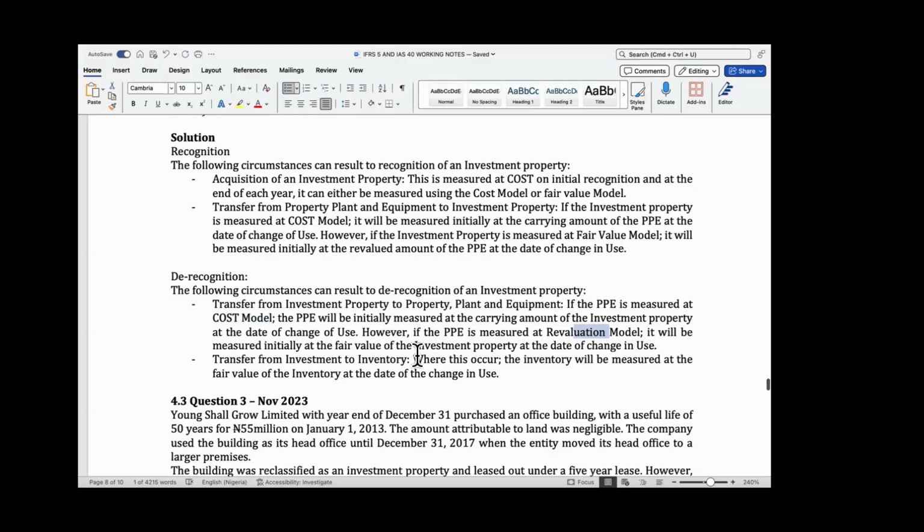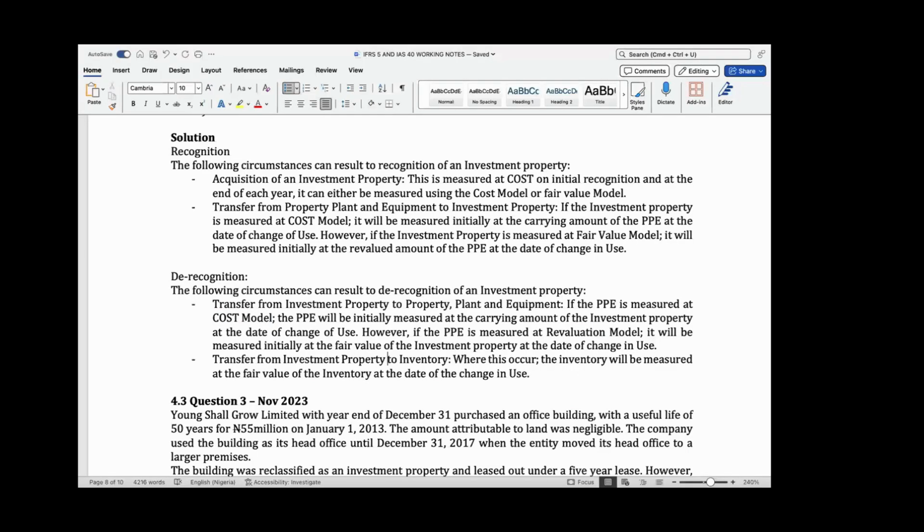But if you are transferring from investment property to inventory, you would measure it at the selling price, at the fair value of the inventory. How much do we sell it? That's how you measure it.